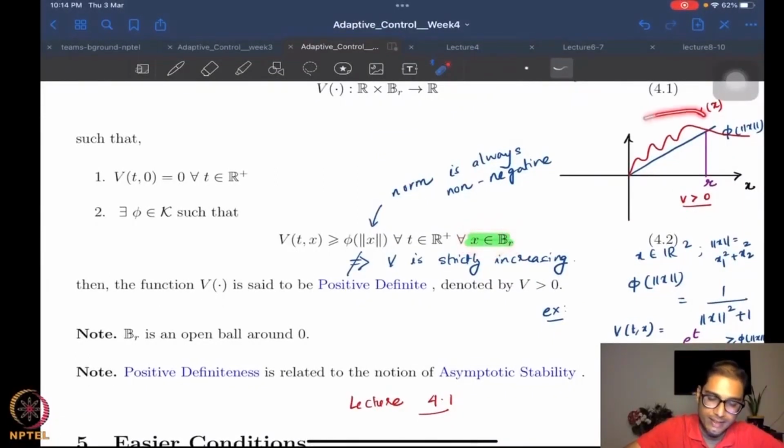Therefore, we had this nice picture, where beyond this ball, the V was allowed to drop below the class K function. So essentially the idea is that it can give us local stability properties. So the idea of positive definiteness being defined in this manner is that it helps us conclude local stability properties.